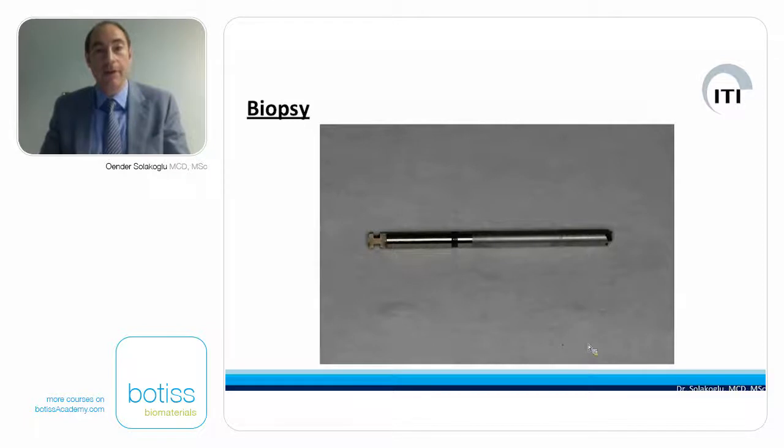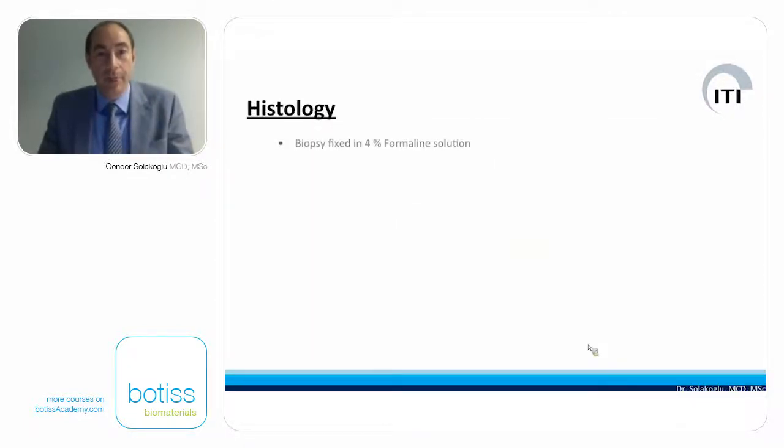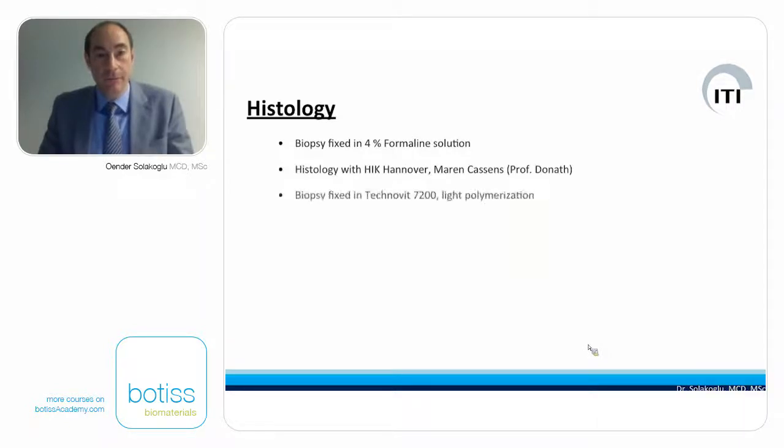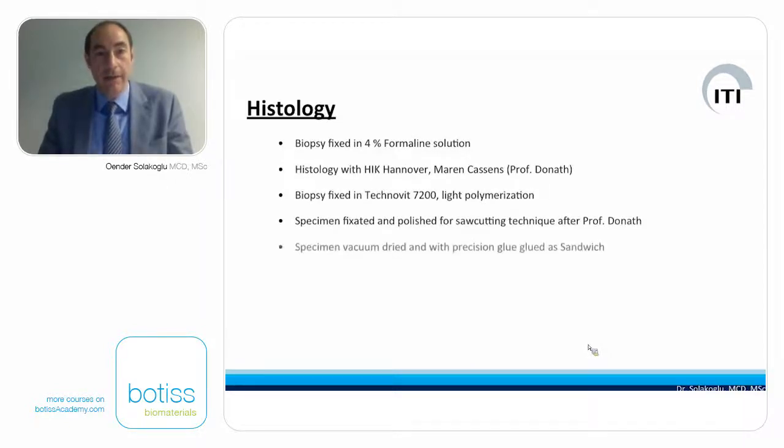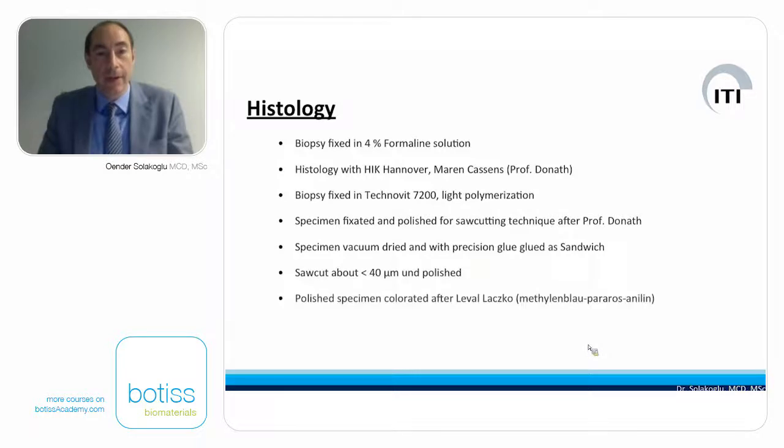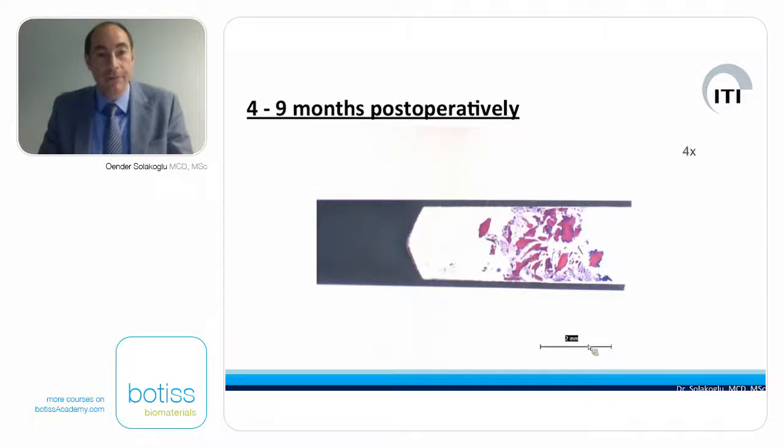And we had to look at the healing of this on a histological level. So we took the biopsy, and it was analyzed at a laboratory in Hanover with Mrs. Cousins. She was a student of Professor Donat, and she used the technique described by Professor Donat.